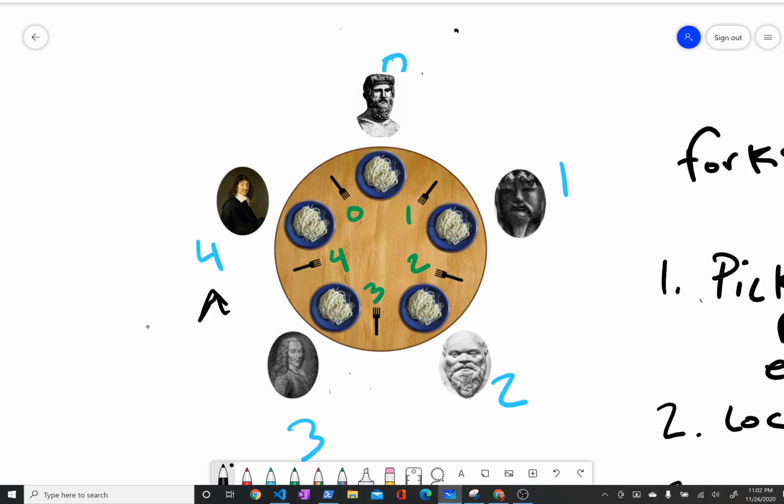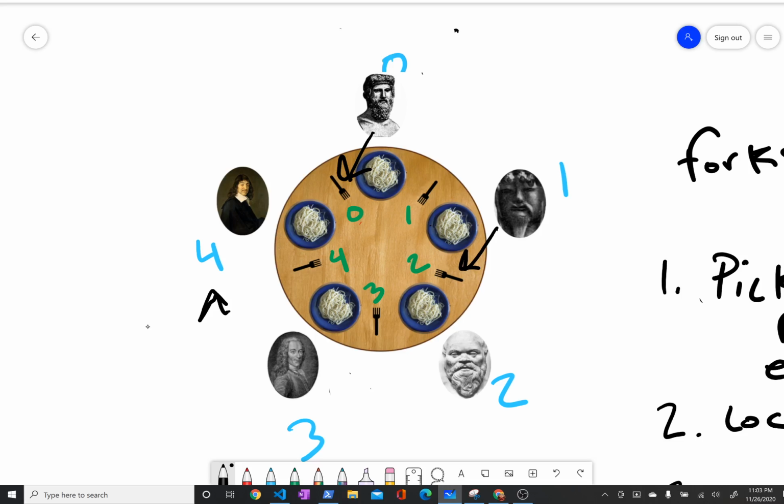So because the philosophers have an index, what I decided was that the even-numbered philosophers would grab their fork, meaning the fork that matches their index, and the odd-numbered philosophers would grab the next philosopher's fork, meaning the fork that matches the index of the next philosopher.